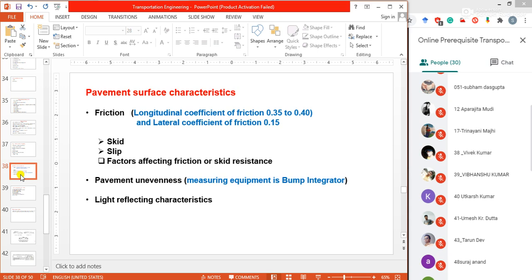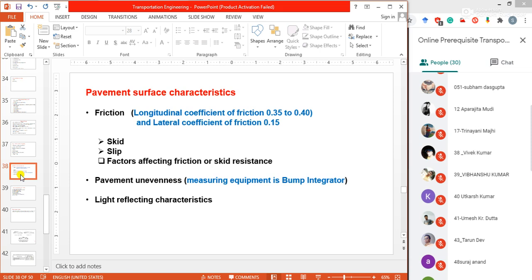Friction is actually the friction between vehicle tire and pavement surface.